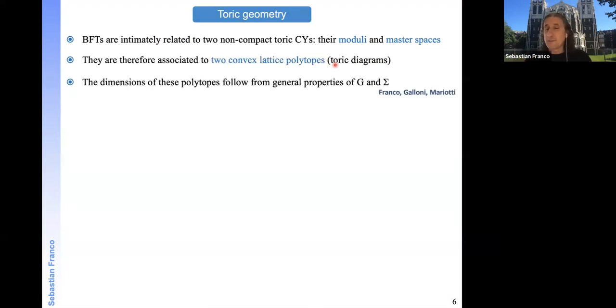Now, for general BFTs, the dimensions of each of them will vary. They will depend on properties of the graph and of the surface in which they're embedded. Things that will contribute are the genus of the surface, the number of boundaries of the surface, and so on. You can express the dimension of these polytopes in terms of this data.